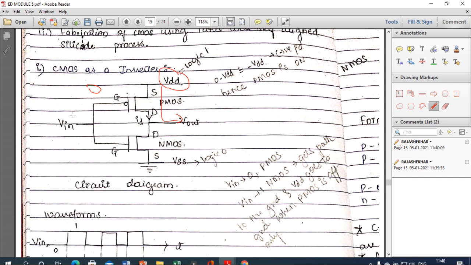Nothing but when the input Vin is 0, the PMOS will be on, it is turned on. At that time, whatever the supply is connected to the source terminal will flow towards the drain. Here drain is connected to the output side. So we got Vout as VDD, where VDD is nothing but logic 1 here.